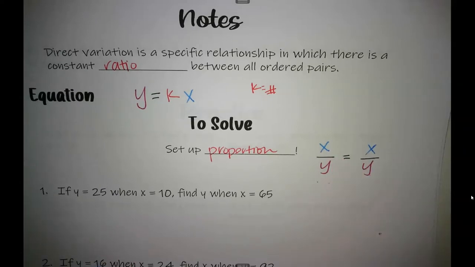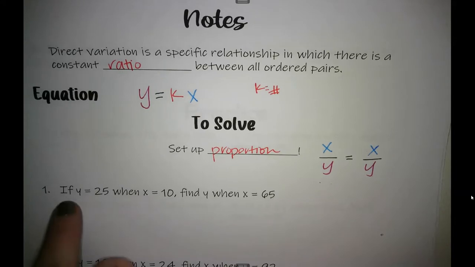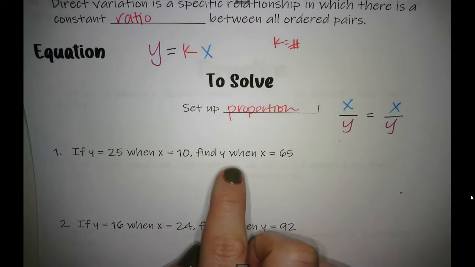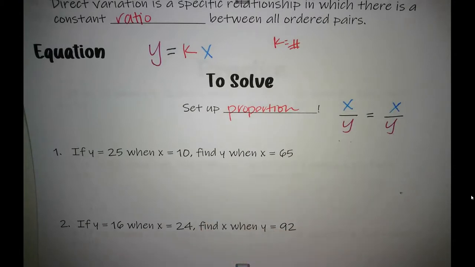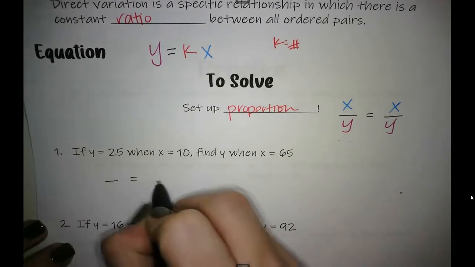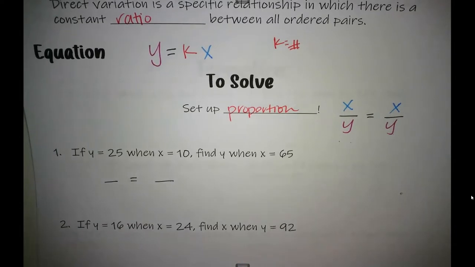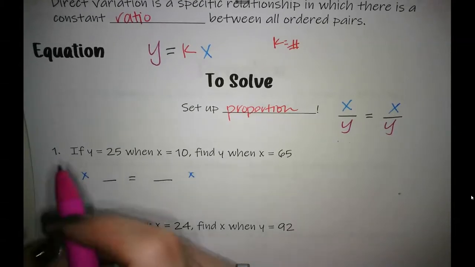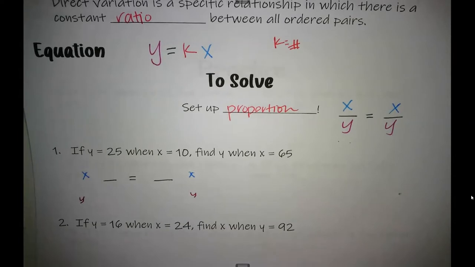So we are given, if y equals 25 when x is 10, find y when x is 65. So let's set up our proportion with our x on top and our y on bottom.